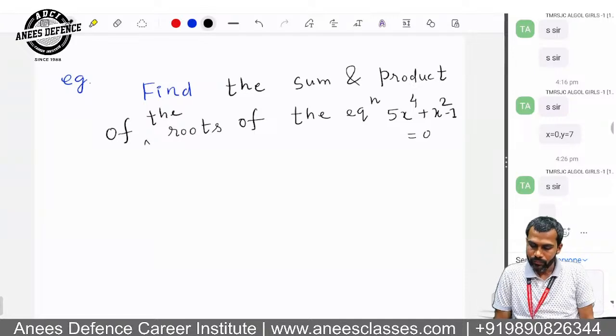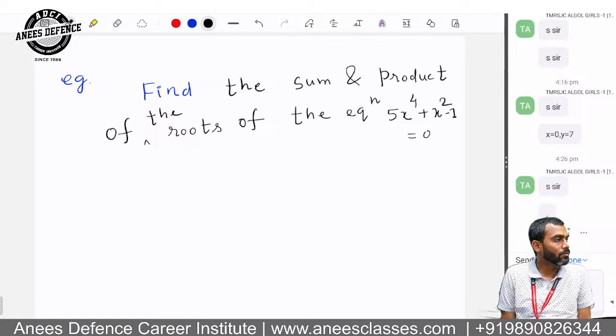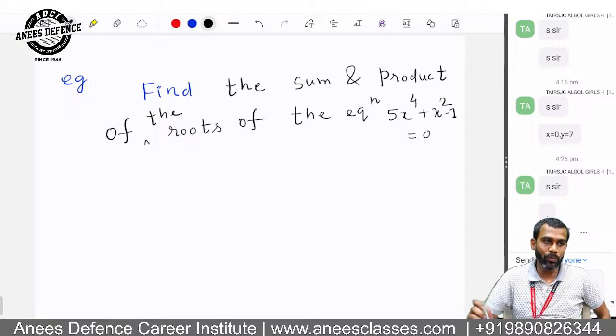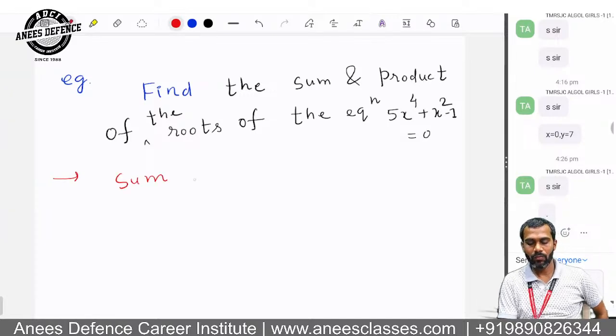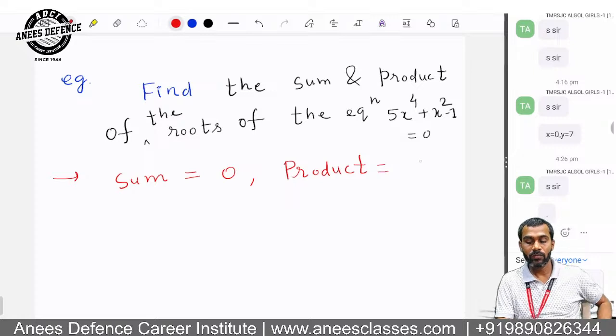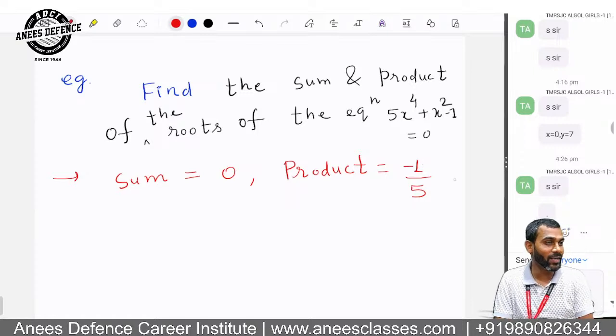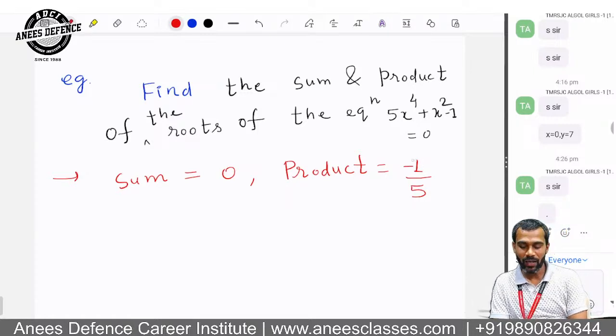Sum and product. What is the answer? Sum is 0. Why 0? x cube is not there. What is the sum? 1/5. Then we will do the product. Sum is 0 and product is, yes, online students, what is the product? Minus 1/5. You don't have to change the sign, it is already negative. Yes or no? And the degree is even.